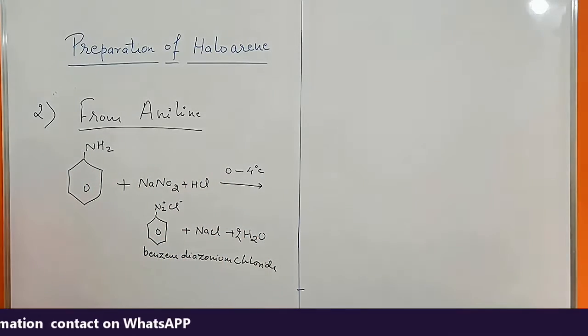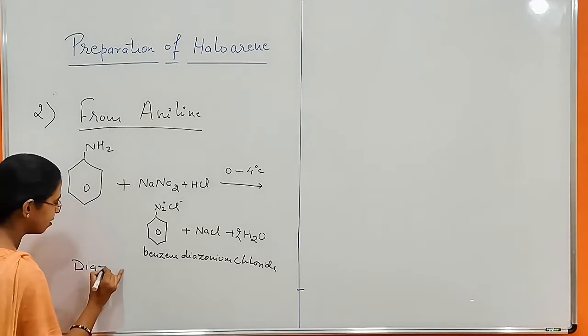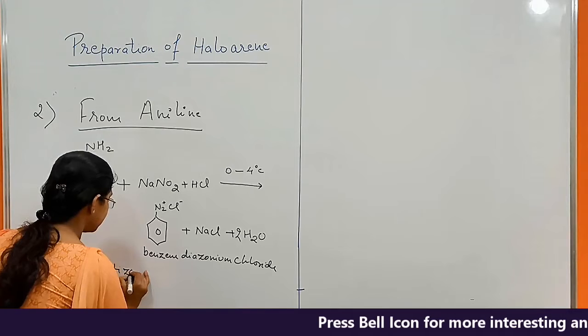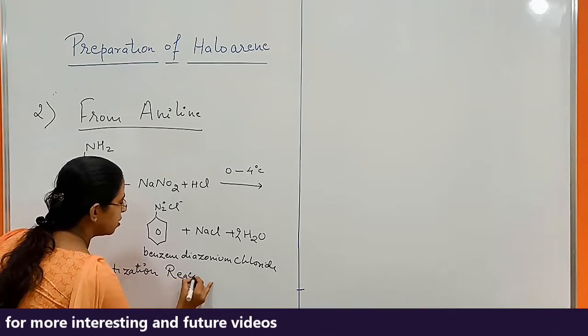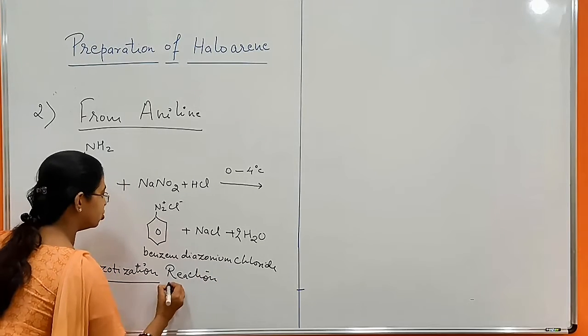And this reaction is known as diazotization reaction. This is a very important reaction in preparation of halogen compound.